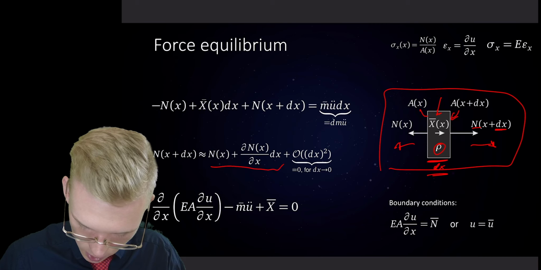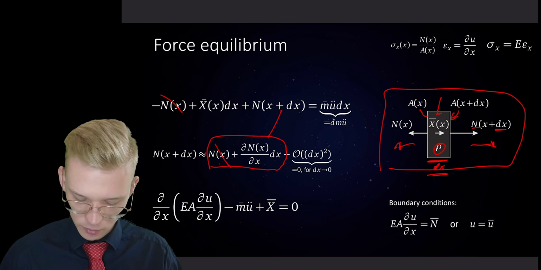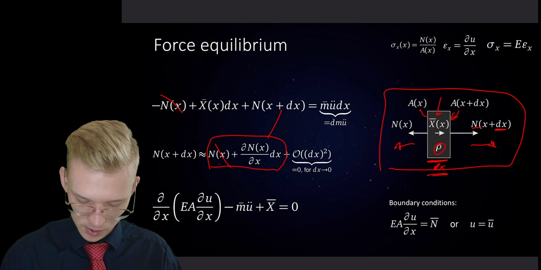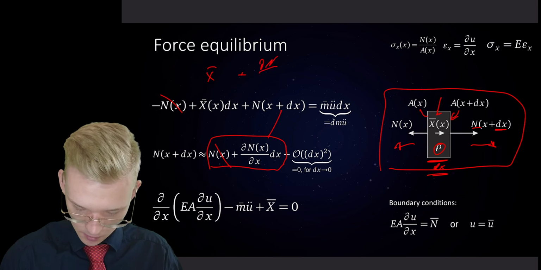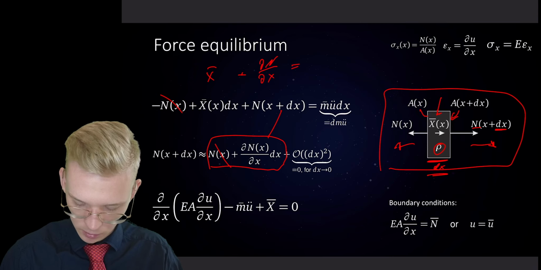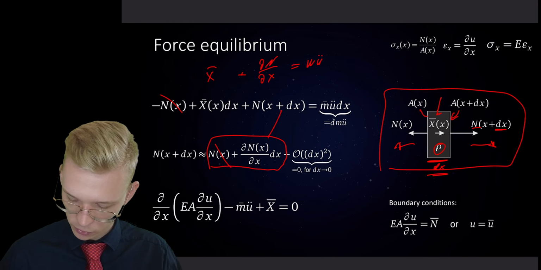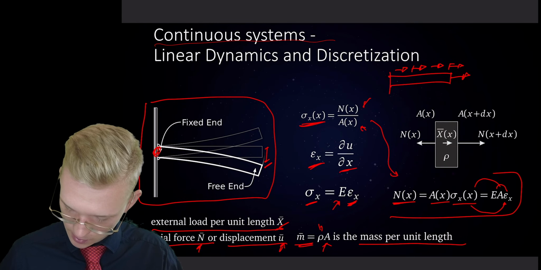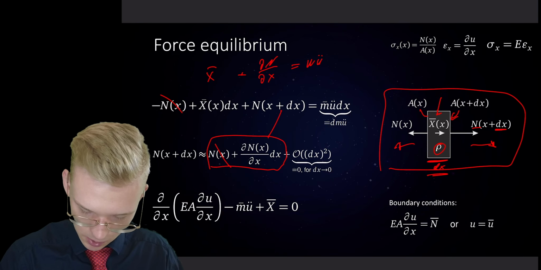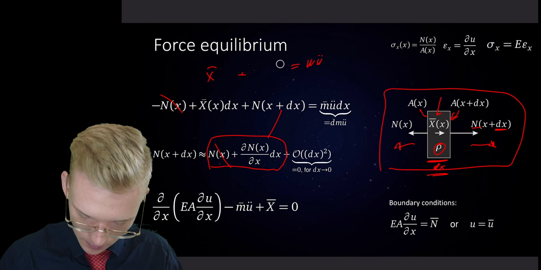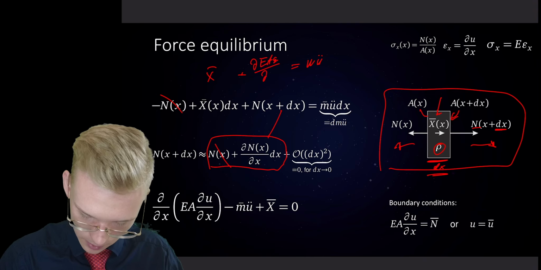we will see that the normal force and the normal force cancel out. So we have just n' plus the derivative of N with x is equal to m' u double dot. Now we know that our normal force is actually EA times our strain, so this is EA times the strain.